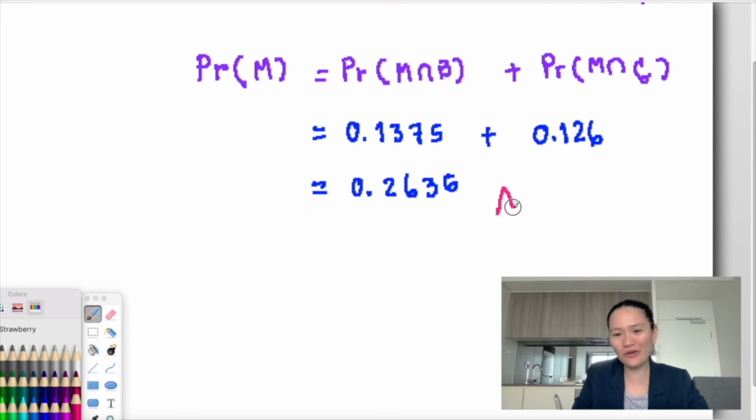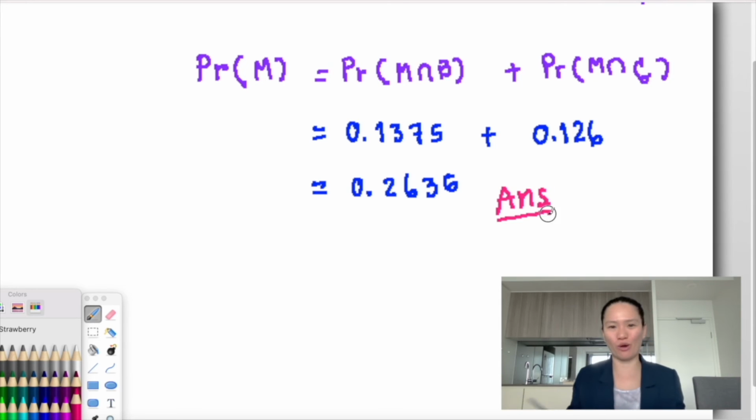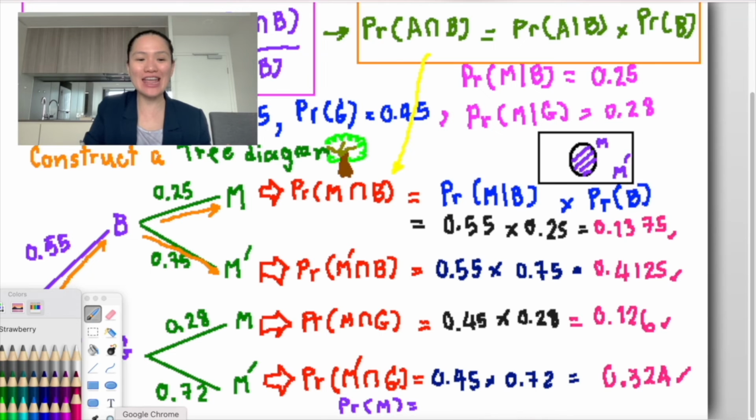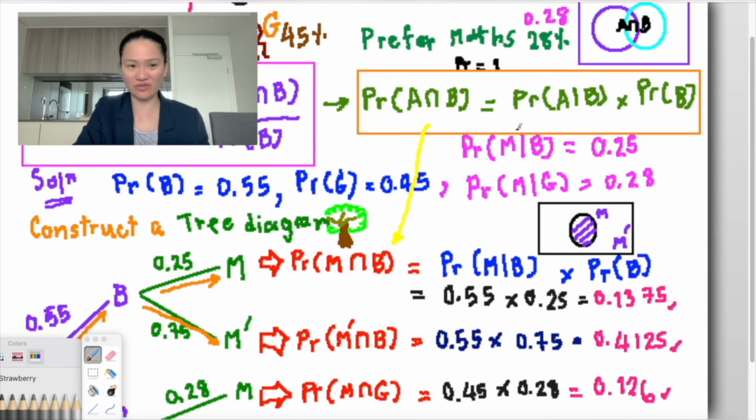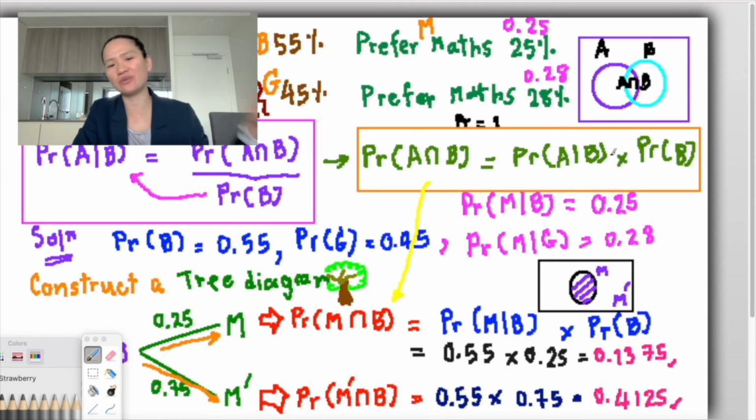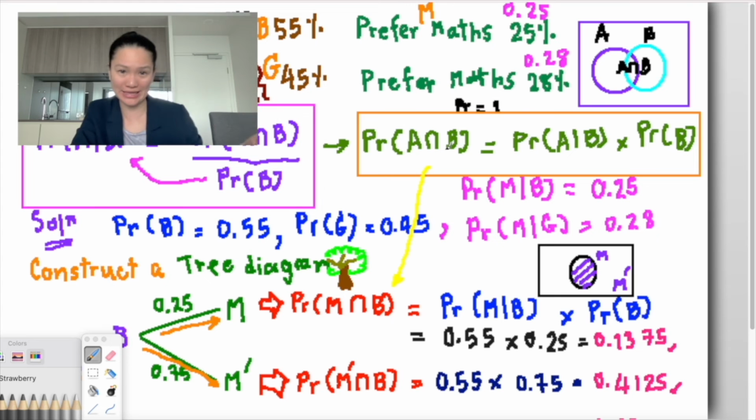So now you know how to find all of the probabilities. I'm going to tell you in conclusion one more time what we're going to know. We understand the concept. We analyze the question super quick. Okay, find out the percentage. Make it like a probability. Remember the whole of the probability comes together to 1. Then you use the formula.